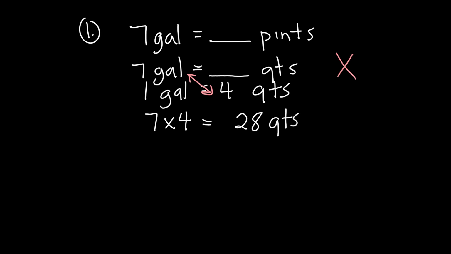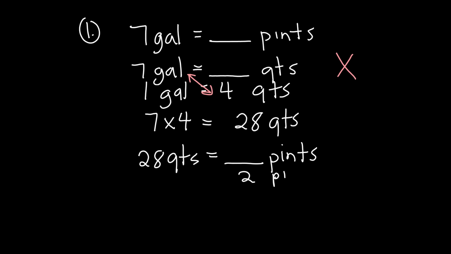Now, I'm not done yet because I was looking for pints. So I have a new problem. 28 quarts is equal to how many pints? Well, if I look at my reference chart, I know that 2 pints is equal to 1 quart. Now again, my numbers are diagonal from each other.